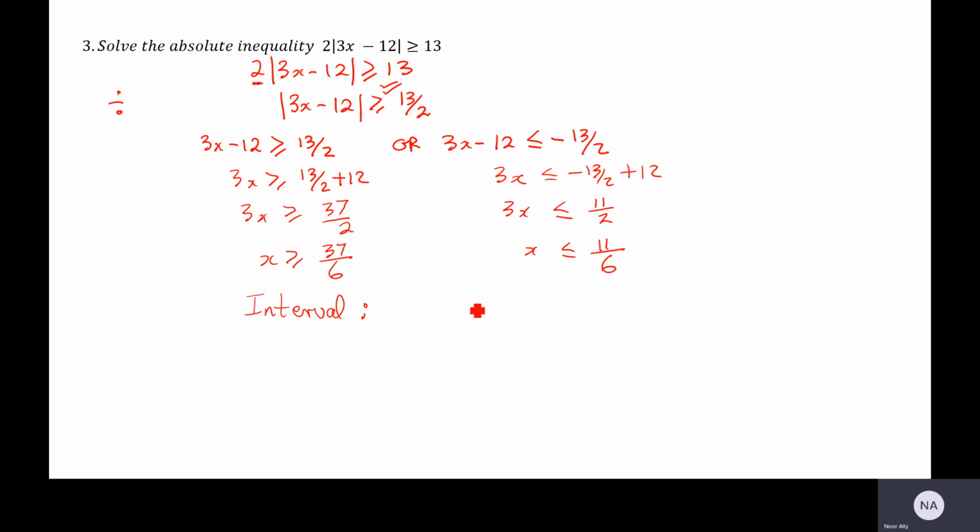And it goes from 11 over 6, and 11 over 6 is not included, going to infinity. That's this answer here. Or 37 over 6, and that goes to plus infinity. There's your interval notation for these answers.